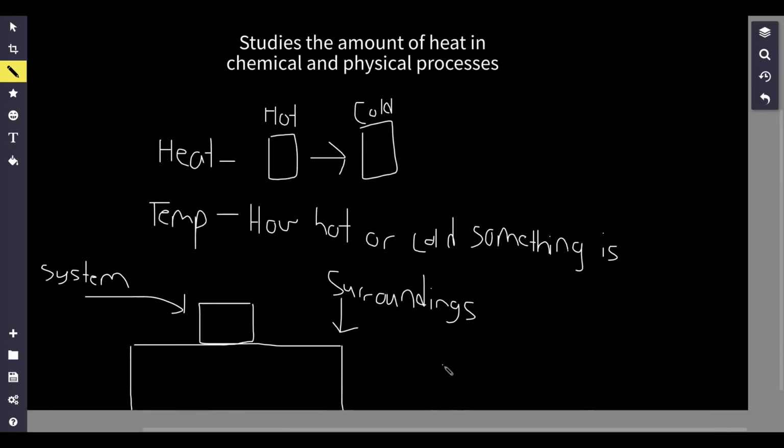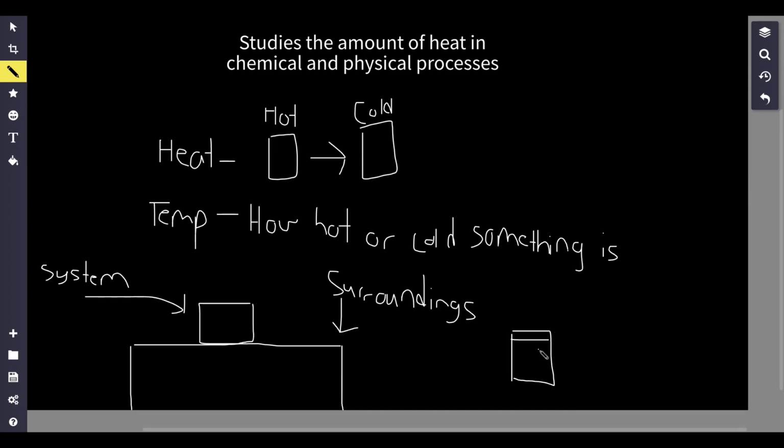Now, there are three types of systems. There is what's called an open system. Say that we have this pot of boiling water without a lid. An open system is when energy and matter can be exchanged between the surroundings and the system.